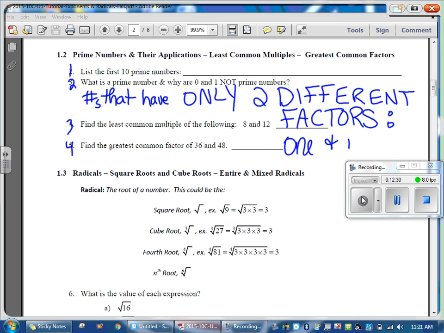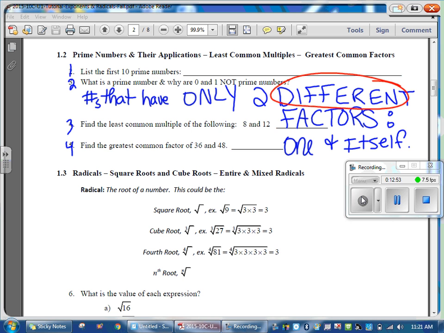Which is why the number 1 and 0 are not prime numbers, because there's no other different number to multiply them by to get their answer. So to get a 1 as an answer, you need to take 1 times it by itself, 1 times 1. But the key here is they need to be different factors. So that's why 1 and 0 are not prime numbers.